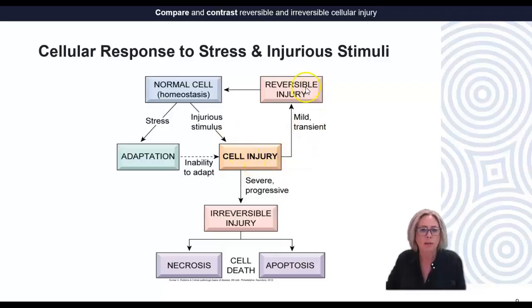Might just be mild, reversible injury, and as long as there's some intervention or removal of a stimulus, then that cell recovers, right? However, in some situations, the cell injury is more severe, or it progresses and it becomes that irreversible injury when it reaches that point of no return. And that cell then will either die via necrosis or via apoptosis, which we're going to go through now.